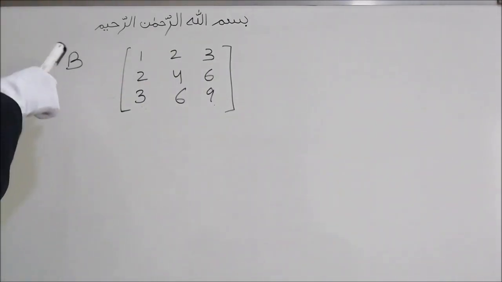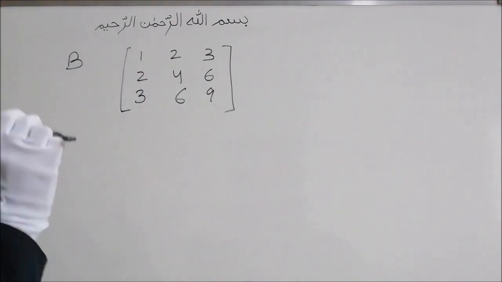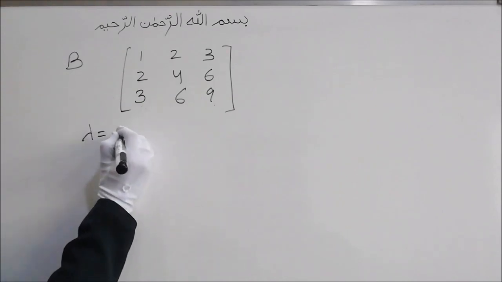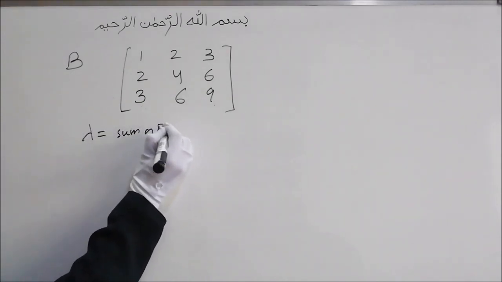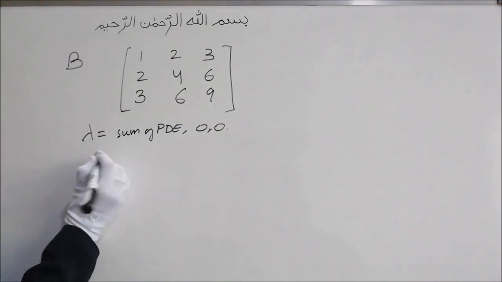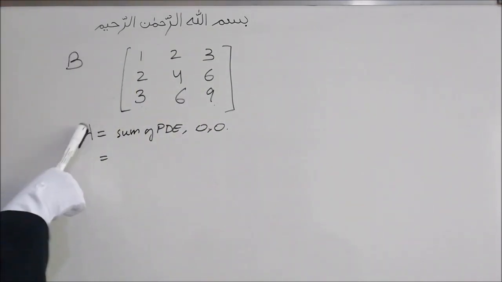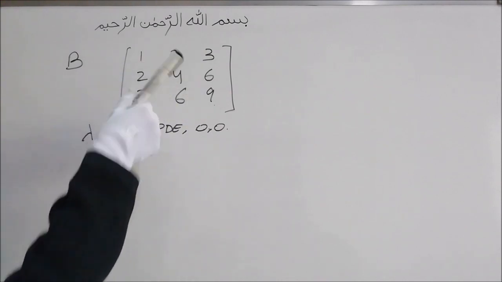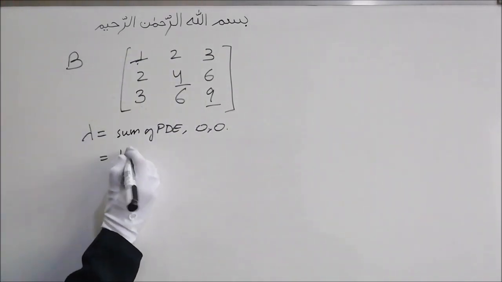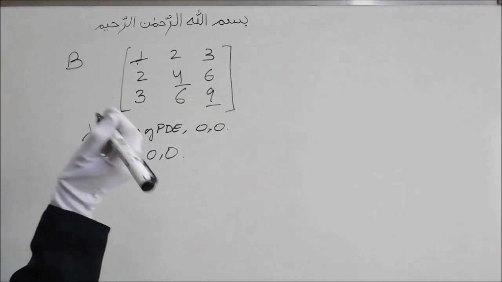If a matrix is in this form, then one eigenvalue will be the sum of the principal diagonal elements and the remaining eigenvalues will all be 0. So the one eigenvalue of this matrix will be the sum of 1, 4, and 9, which is 14, and the other eigenvalues will be 0 and 0.